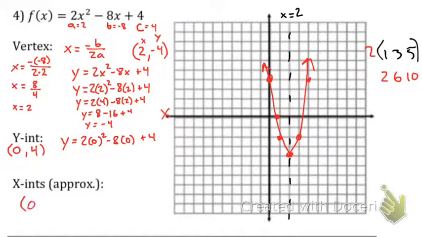So we're going to go 0.5, comma 0 for that one. And then where does it hit the x-axis here? That's 1, 2, 3. We'll go 3.5, comma 0 here. And your y value is always 0 on your x-intercepts. Okay, that's how you graph.